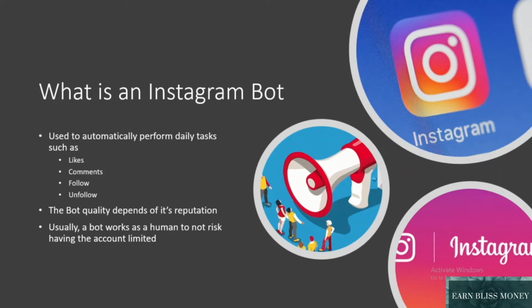What is cool about this is that quality bots will perform tasks in really high quality. It will copy the way that a human being performs those tasks. It will not just follow 100 people in one shot. It will take its time and follow people based on how a human would.